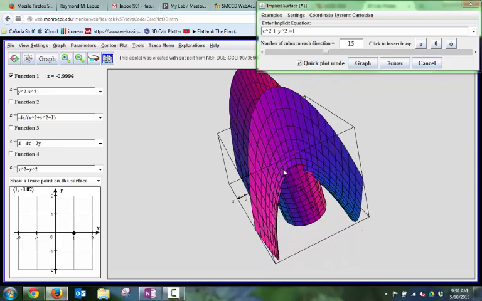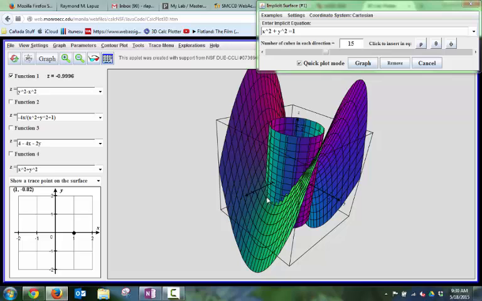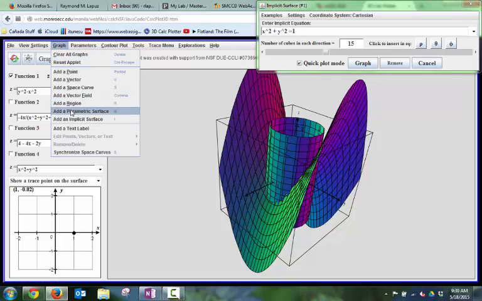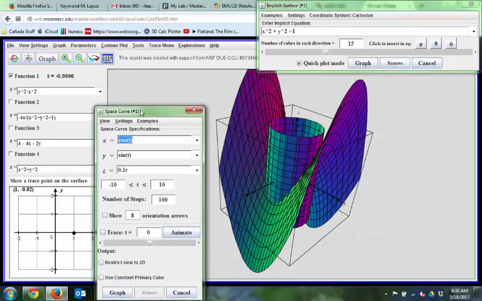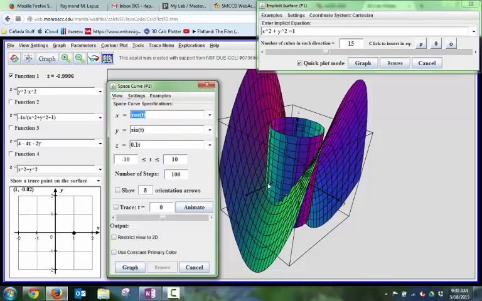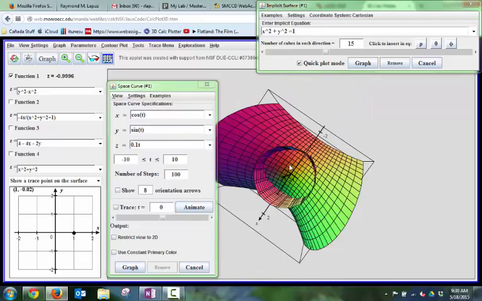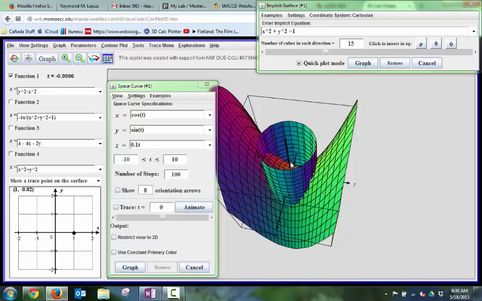So the next thing to do is to try to figure out this line or curve of intersection. For that, what we need to do is pull out a space curve. If we look at that curve of intersection, the domain is just a circle if we look at it from the top. So really just a circle.